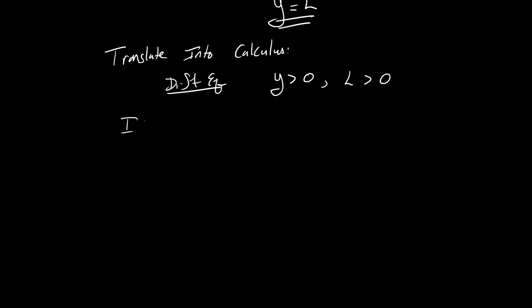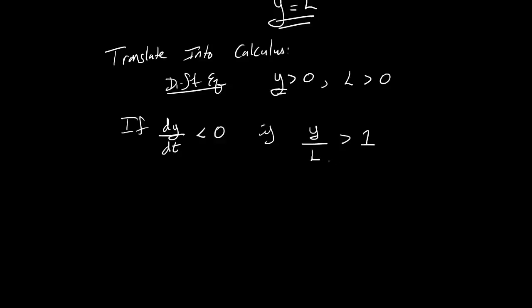So if dy/dt, the rate of change of the population with respect to time, is negative, so we're thinking the derivative of y is negative, this will occur if y, the current population, over the carrying capacity L, the numerator is larger than the denominator. This will occur if y/L is greater than 1.